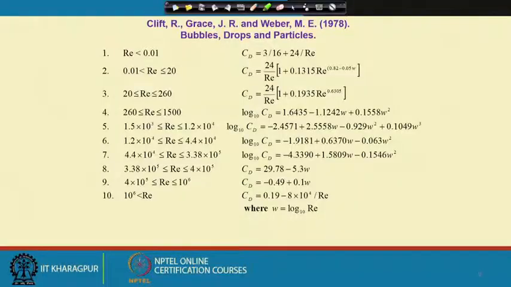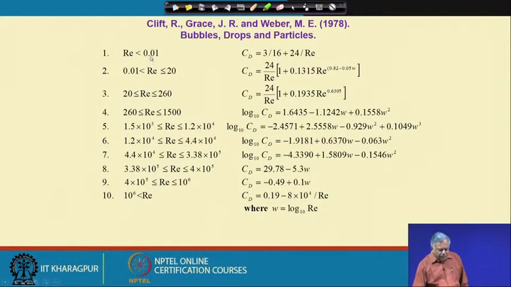They have even modified the Stokes equation and the Newton equation based on the findings of many researchers. It starts from a Reynolds number of less than 0.01 and goes up to 10 to the power 6, and they all have this type of relationship.